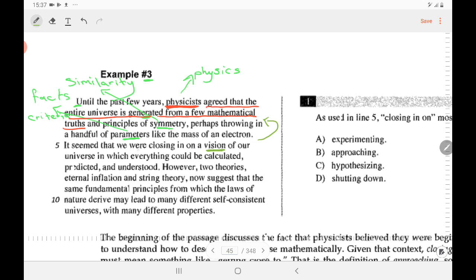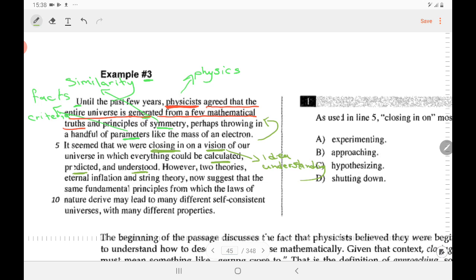It seemed that we were closing in on a vision of our universe, a vision here like a kind of idea or understanding, of our universe, we are closing in, like we are coming closer to our universe in which everything could be calculated, predicted, measured, understood. So it stresses and emphasizes the first one.